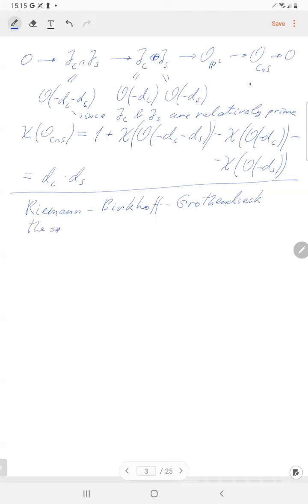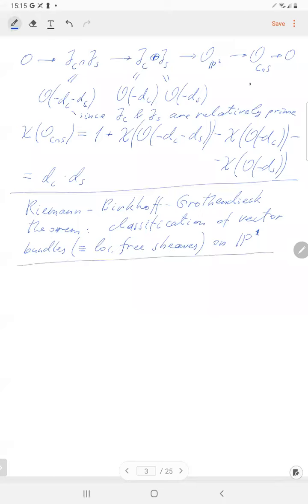Or in other words, the classification of vector bundles, that is the same as locally free sheaves, on the simplest projective variety, the projective line.